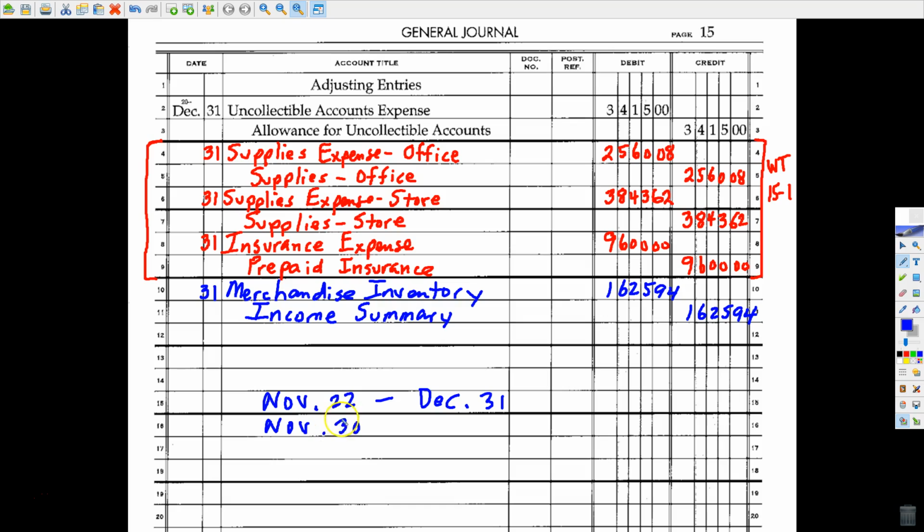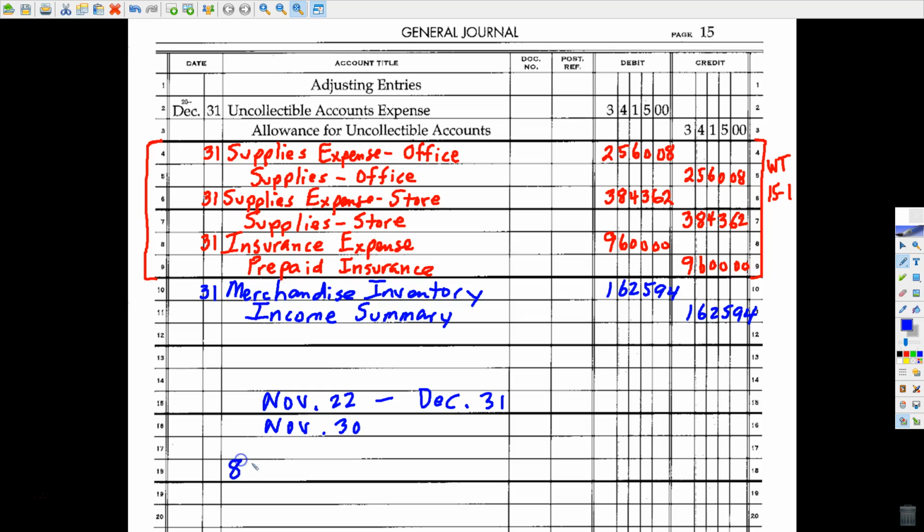So remember the way we determine interest. We start with the value of the note, which we don't know from the textbook, but we can get it from the ledger. What is the value of notes receivable on our unadjusted trial balance? 8,000.